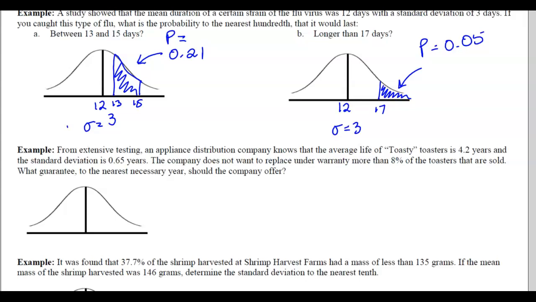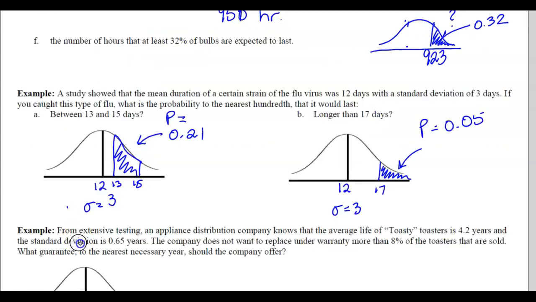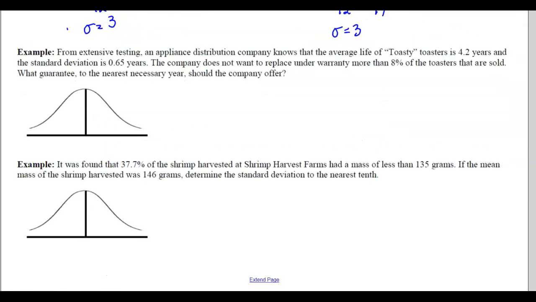So basically, here it says the average life is 4.2, so that's your mean. So 4.2, and your standard deviation is 0.65. Okay. So if they gave a guarantee of 4.2 years, they would have to replace 50% of their toasters, right? Because that is the mean.